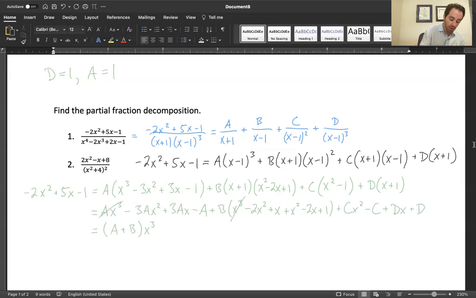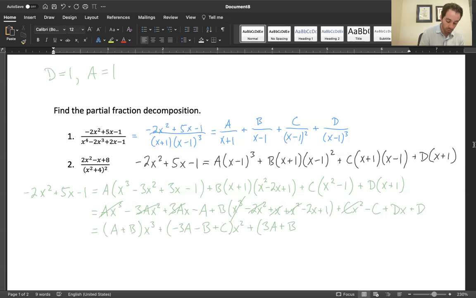And then the x squareds will be -3a, so that's that. And then -2 plus 1 is -1b, so that's minus b, plus c, x squared. Now the x's, 3a plus b.